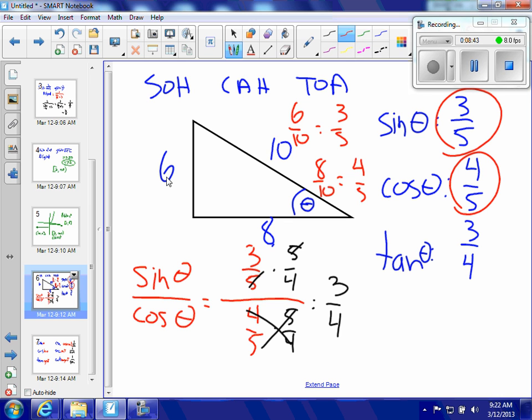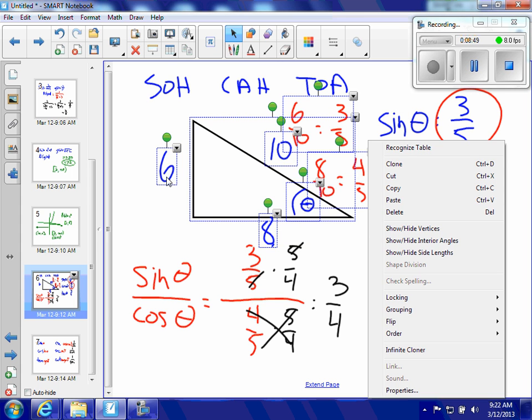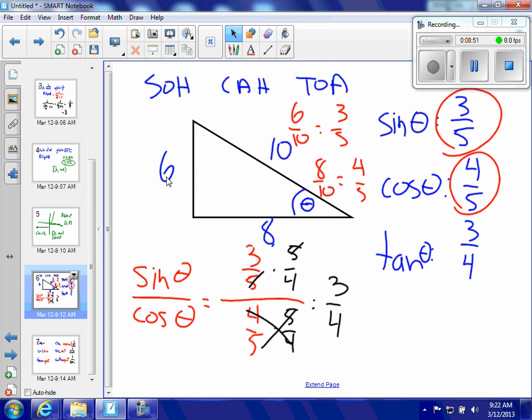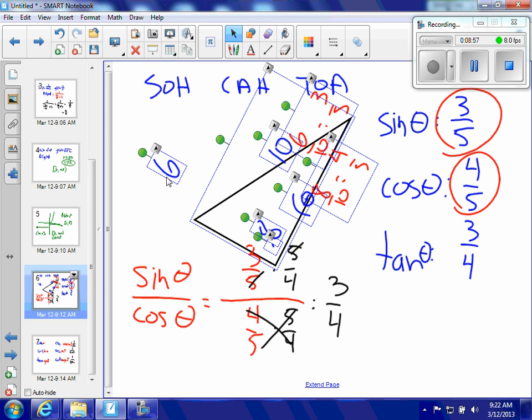Okay. Now, if I take my triangle here, and I turn it, does my sine and cosine change? You sure? I turned it. No, same old, right? Doesn't matter, because it's the ratio of the sides.